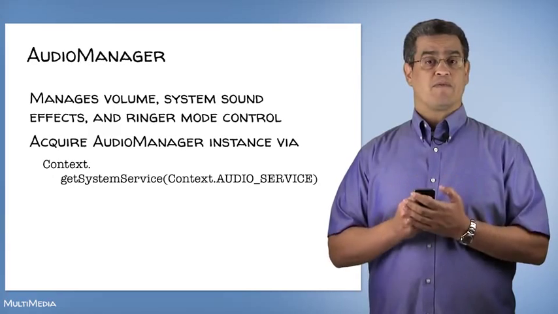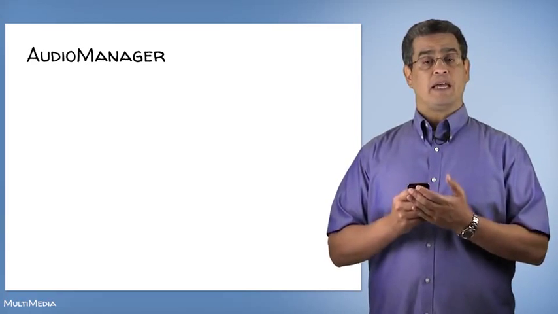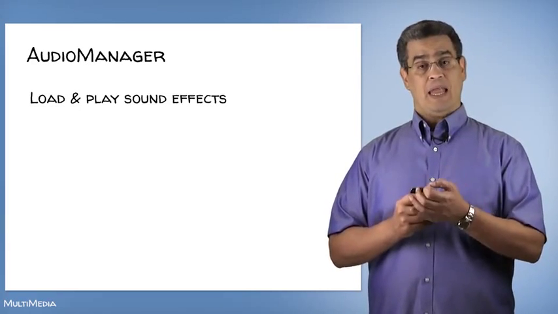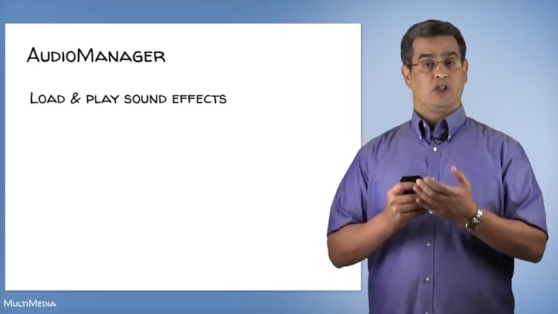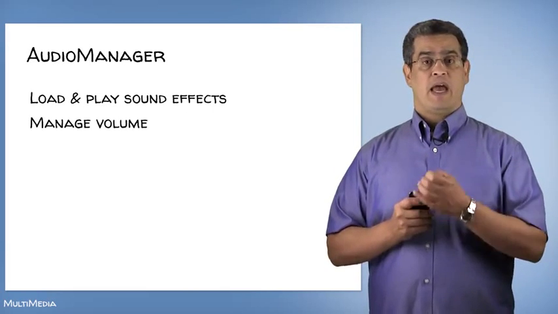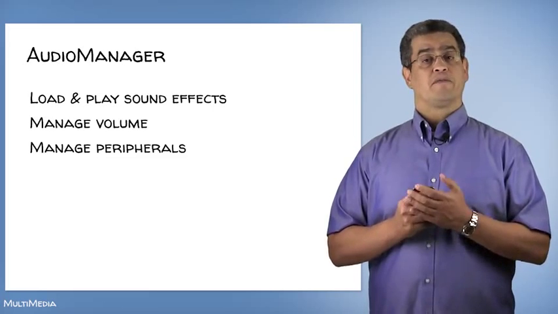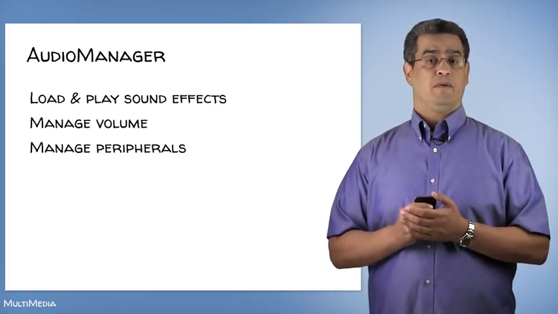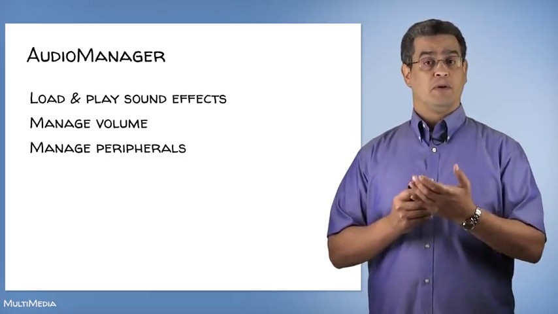And once it has a reference to the Audio Manager, an application can load and then play sound effects, adjust the device's volume, and control device hardware, for instance, by muting the microphone or by turning on the Bluetooth headset.